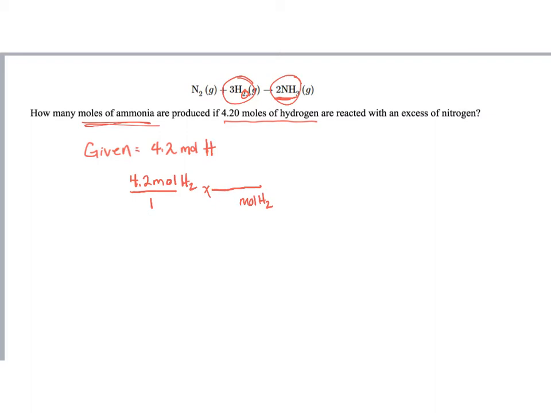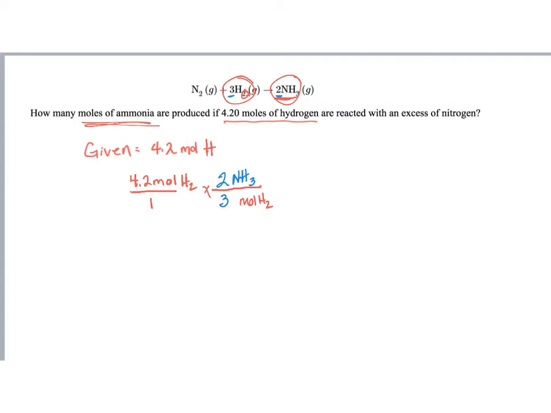So it looks like we have 2 moles of ammonia to 3 moles of hydrogen. So we're going to put 3 here, and we're going to put 2 moles of ammonia up here.